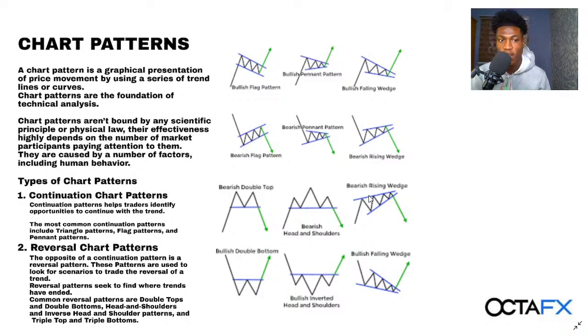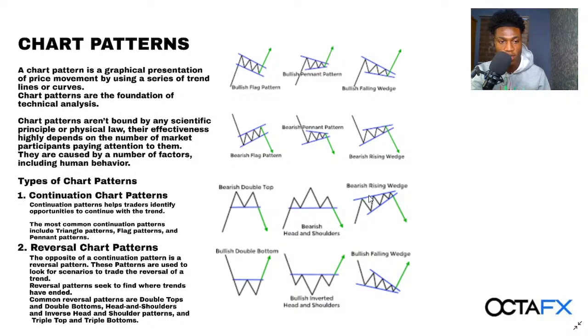We have two types of chart patterns. We have the continuation chart patterns and we have the reversal chart patterns. The continuation chart pattern, just like the name goes, helps traders identify opportunities to continue with the trend. The most common continuation chart patterns include triangle patterns, flag patterns, and pennant patterns.